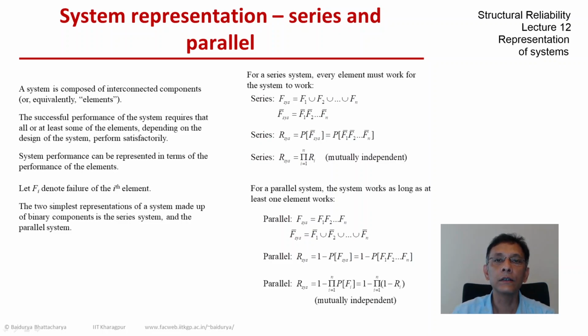And if the elements were mutually independent, then the system failure probability is the product of the element failure probabilities, and the reliability of the system is 1 minus the product of all the element failure probabilities. So that would be the simplification for parallel systems if all the elements were mutually independent.